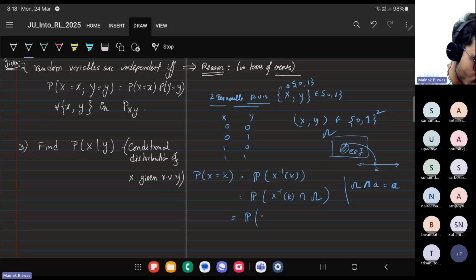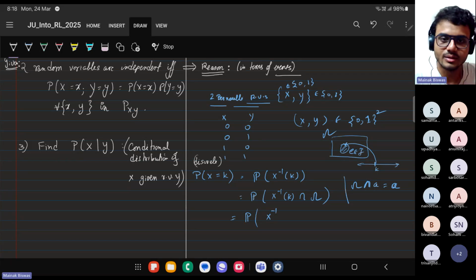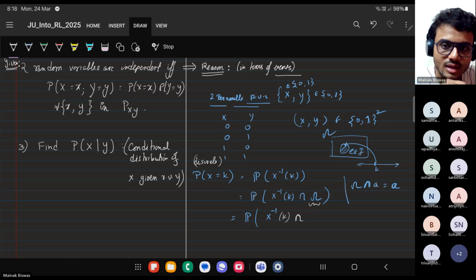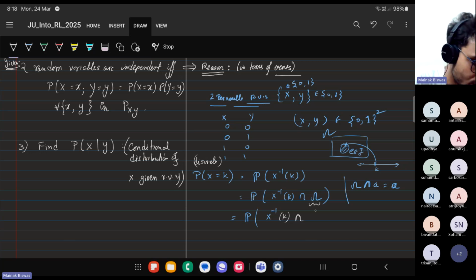Okay. So now can I write this as probability of x inverse? So think this is a discrete random variable we did in class. So only discrete k's are available to us. Similarly, you can extend it to continuous, not a problem. So intersection, this omega, can you write this using another random variable?